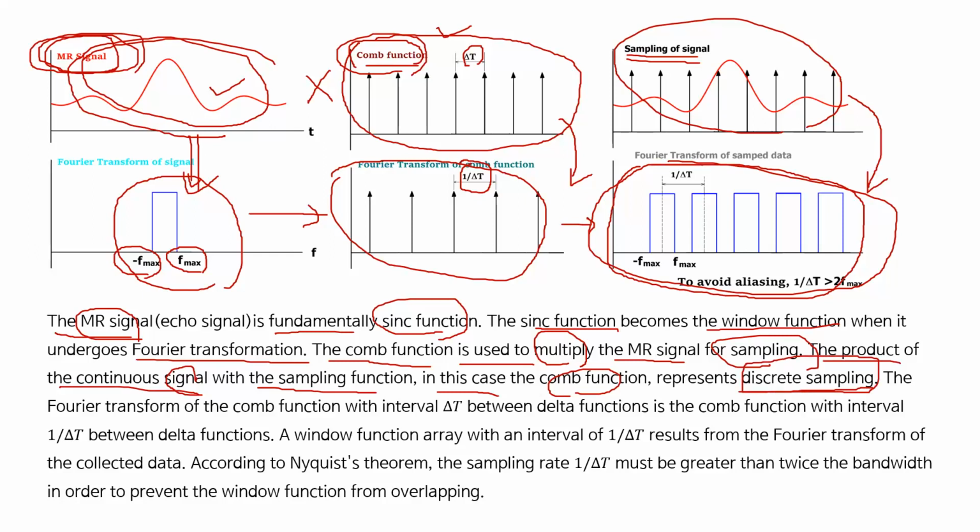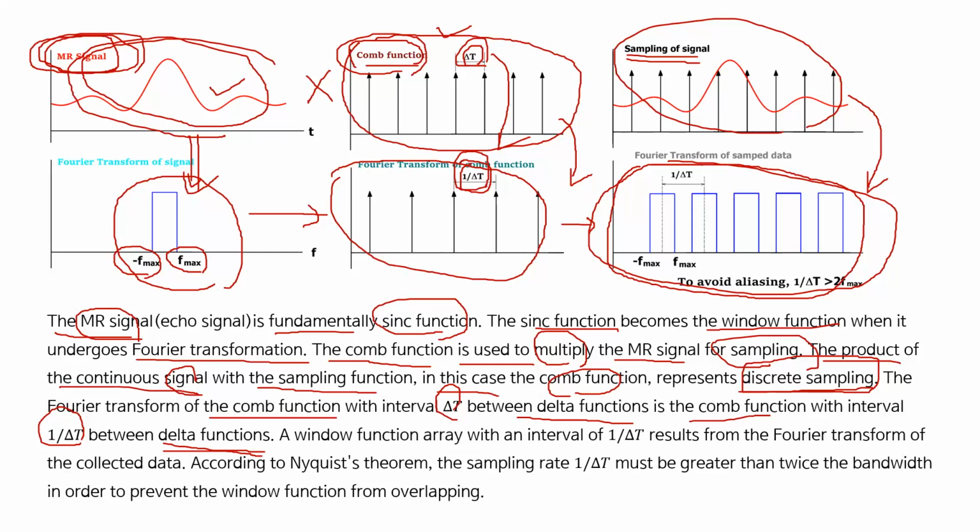The Fourier transform of the comb function with interval delta t between delta functions is a comb function with interval 1 over delta t between delta functions. So we still have a comb function, but the spacing is now different: delta t and 1 over delta t.